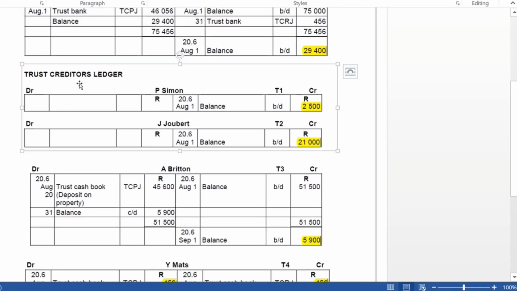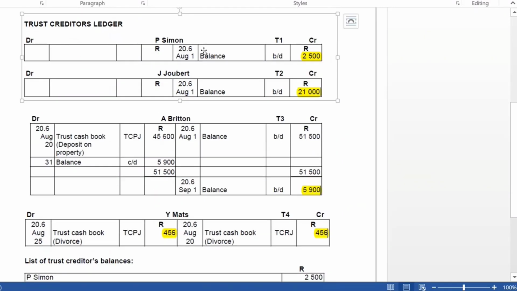And the individual trust creditor ledger is saying that P. Simon has 2,500. So that means that P. Simon, who is a client of an attorney, the attorney has not performed the work as yet, and has not invoiced the client as yet.